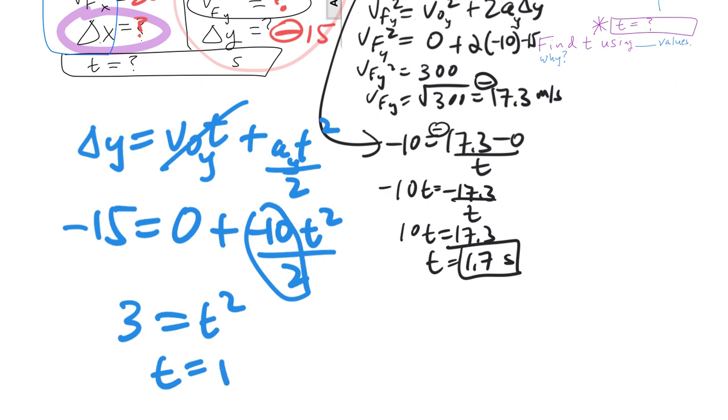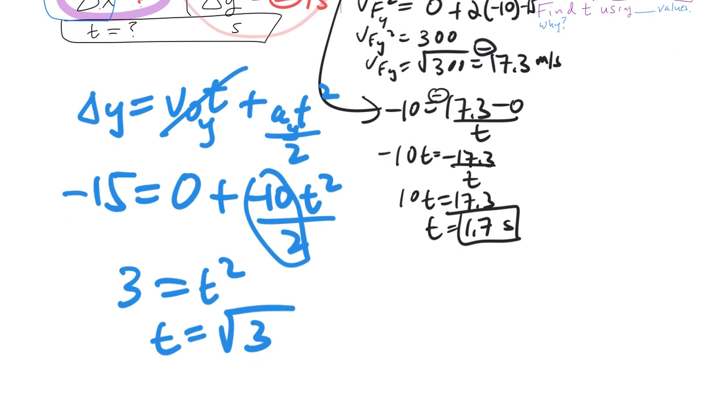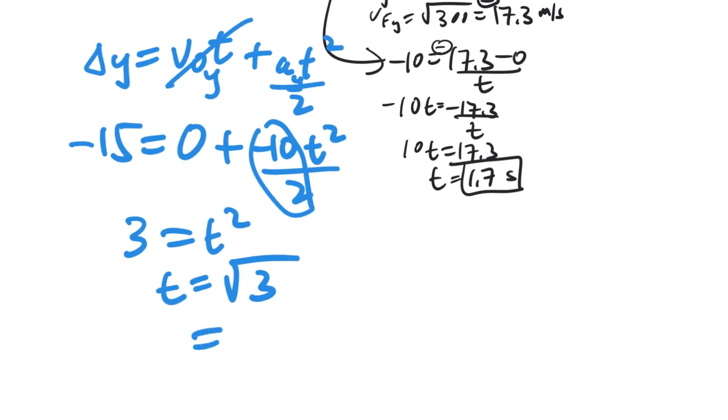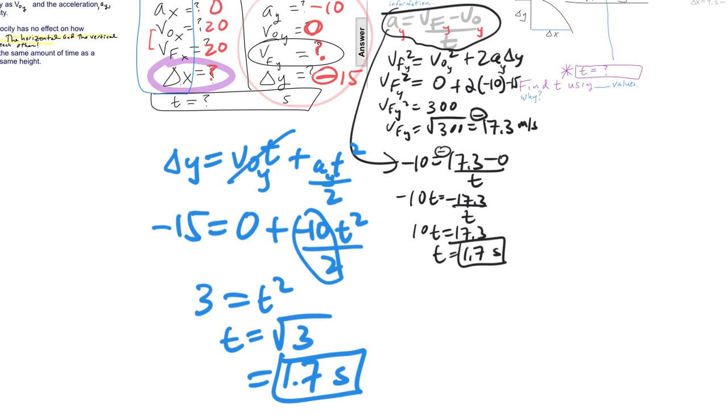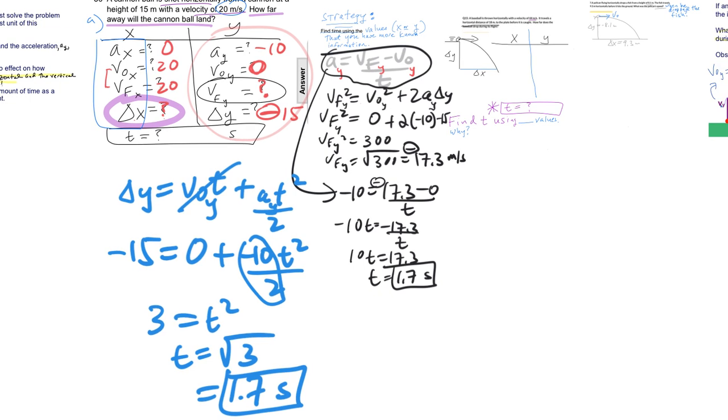So t is the square root of 3, which comes out to be 1.7 seconds again. So that would have been an easier way to solve for time. But all these equations are related. I just solved for the time.